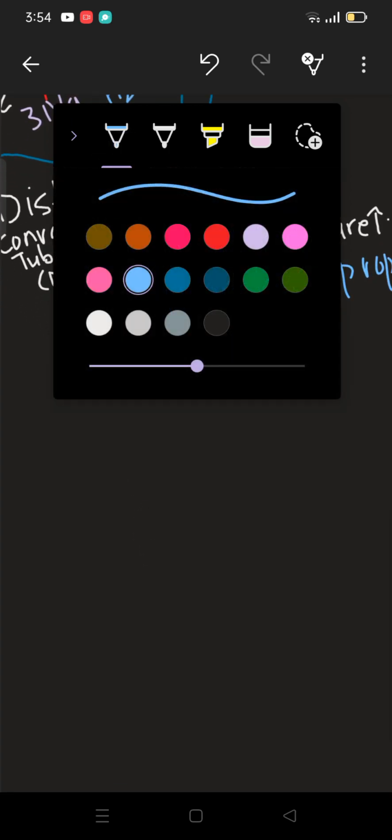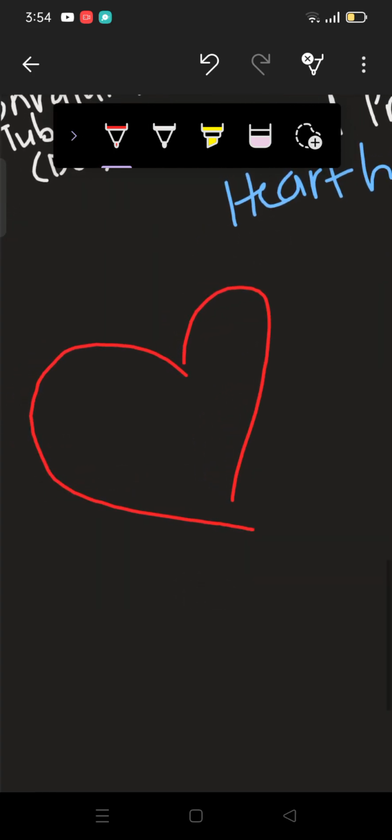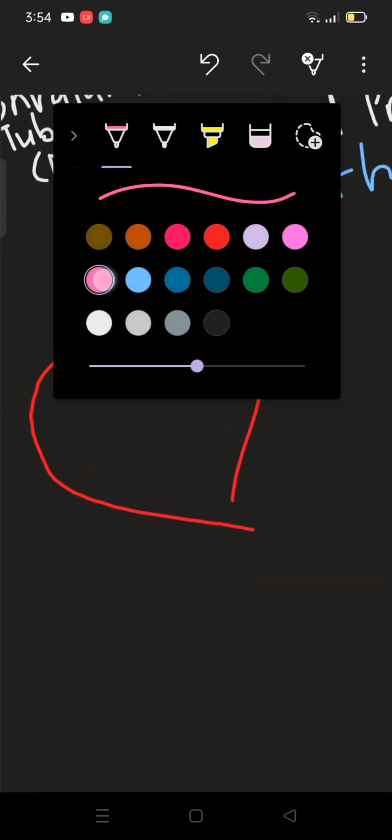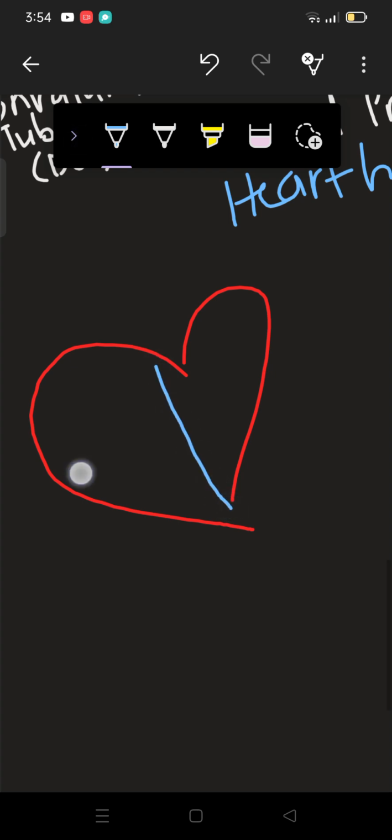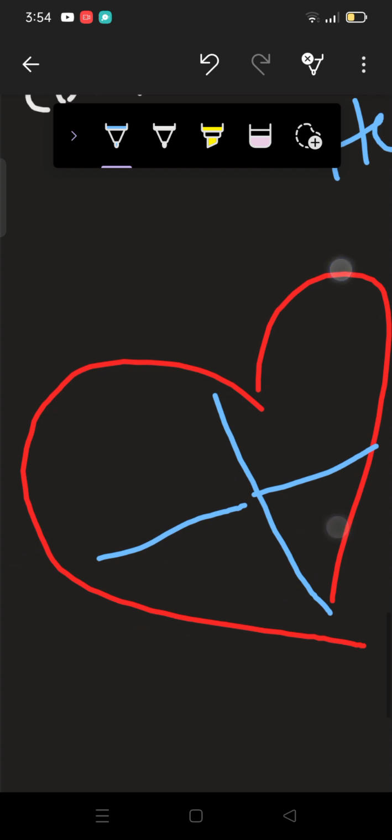Wait, let me make here the heart. So this is the heart, and we know that the heart is divided into 4 chambers. The upper are known as atria and the lower are known as ventricles.